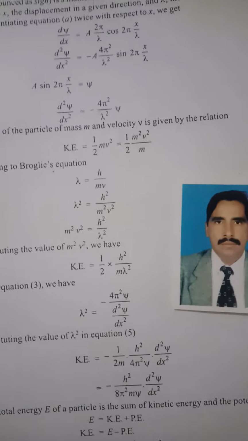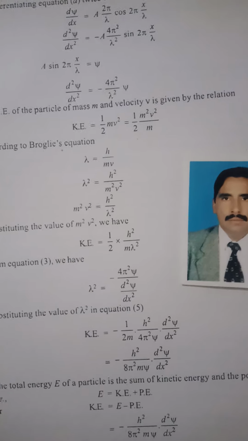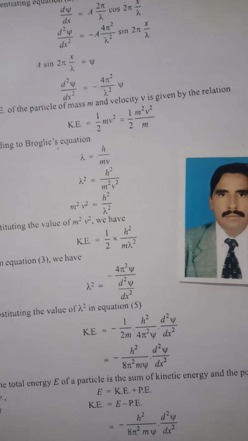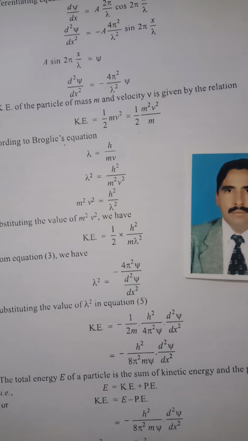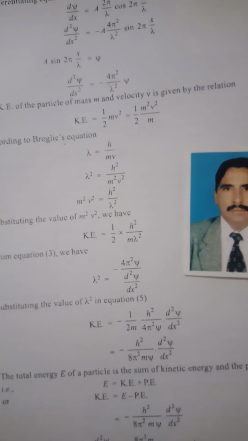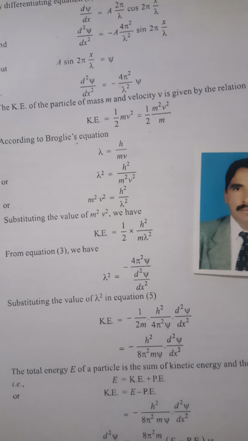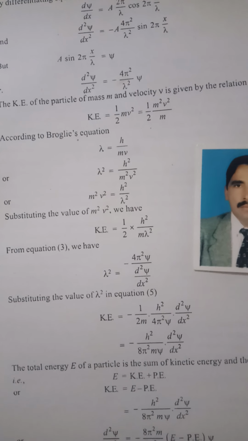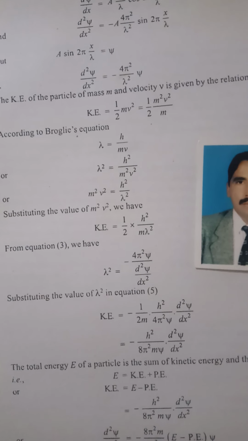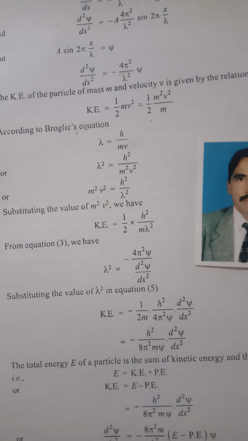According to the de Broglie equation, lambda is equal to h over mv, and taking the square, lambda square is equal to h square over m square v square. So m square v square will be equal to h square over lambda square. Substituting this value, we get the kinetic energy equation: one over two m into h square divided by lambda square.